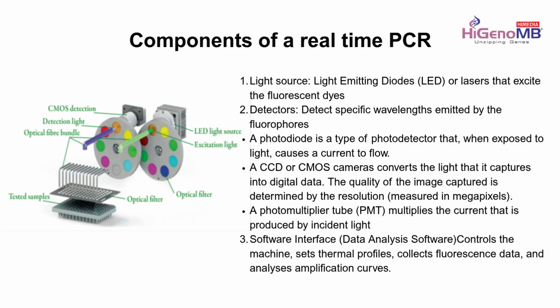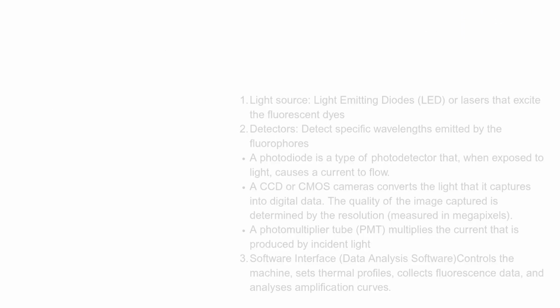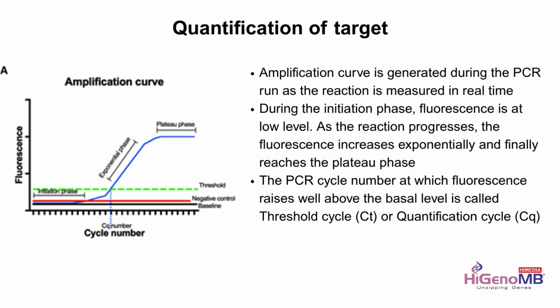Okay, this is how a typical amplification curve appears after your real-time PCR. So here you have an initiation phase where at this stage the fluorescence has not increased to a substantial amount.